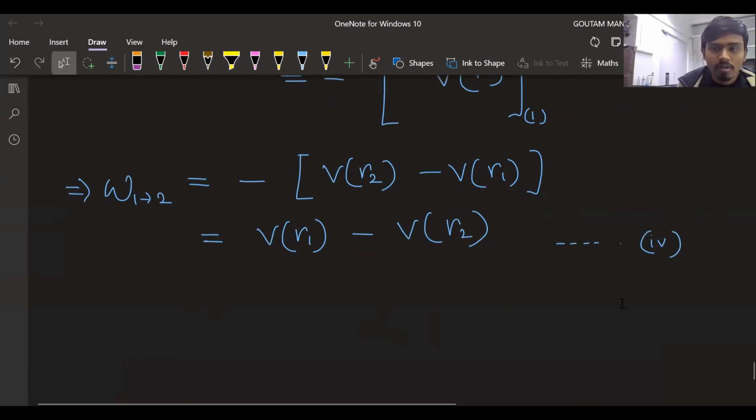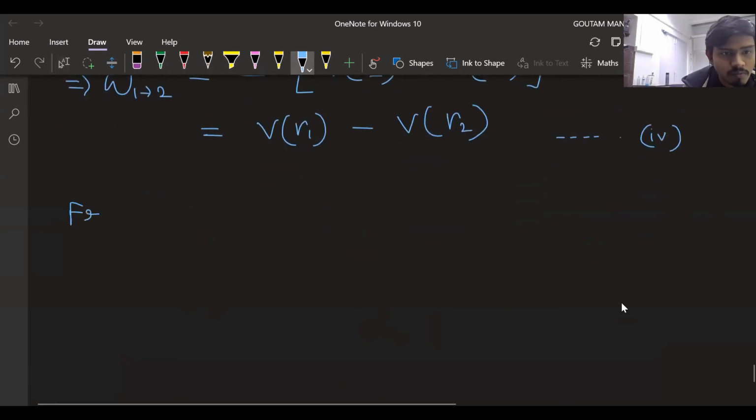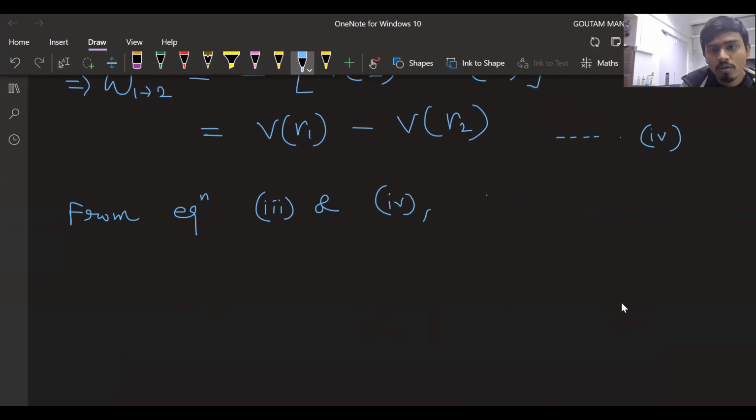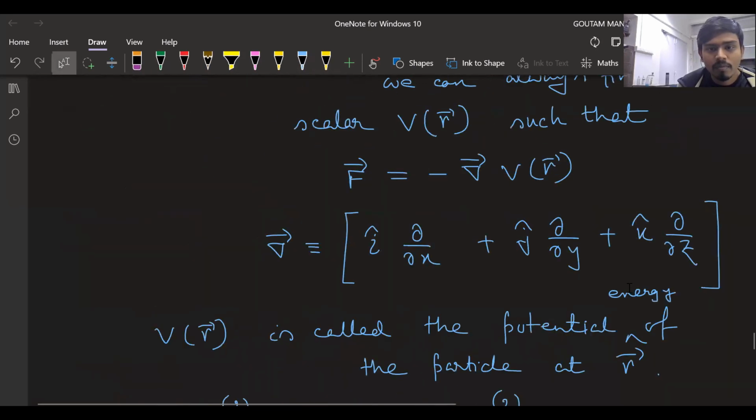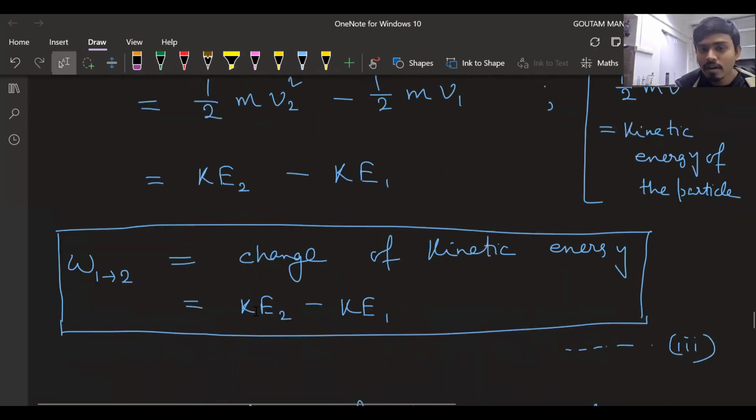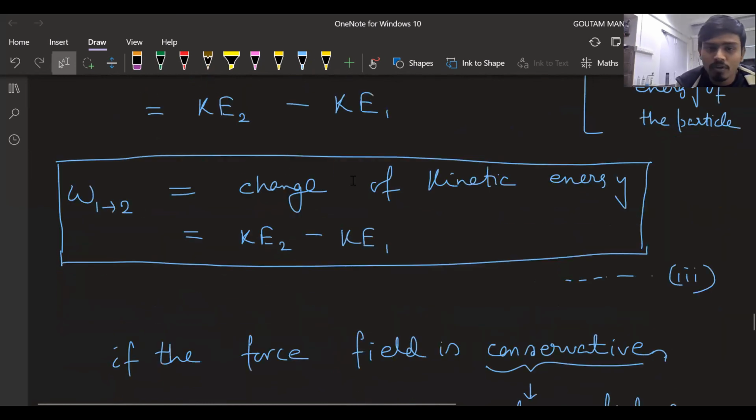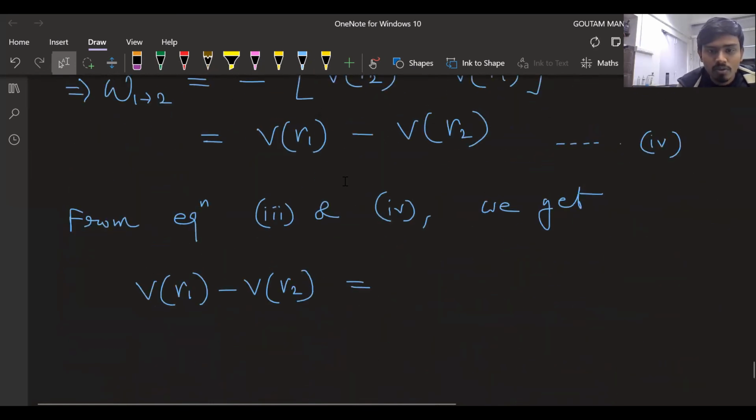So from equations 3 and 4, we get V of R1 minus V of R2 is equal to the kinetic energy at point 2 minus the kinetic energy at point 1.